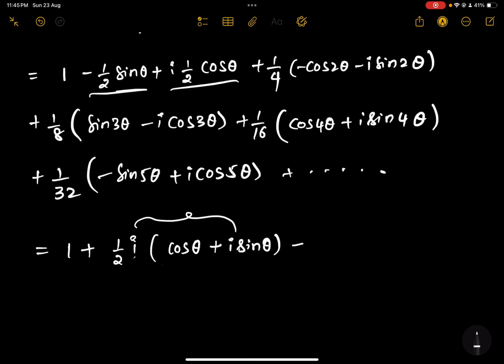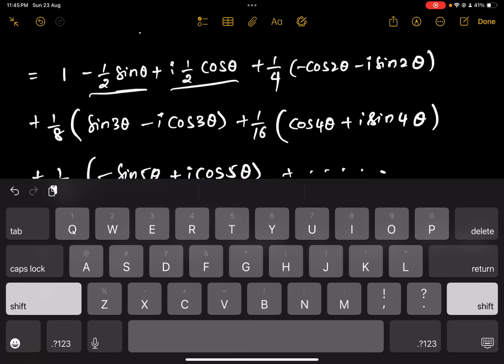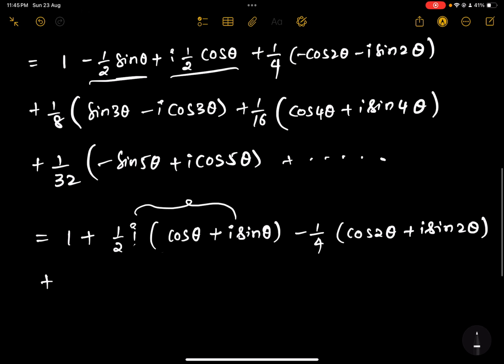Plus similarly, here you can take minus 1 upon 4 common, and this is simply cos 2 theta plus i sin 2 theta. Plus, now I'll take minus 1 upon 8i common.